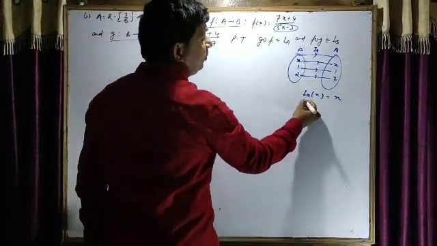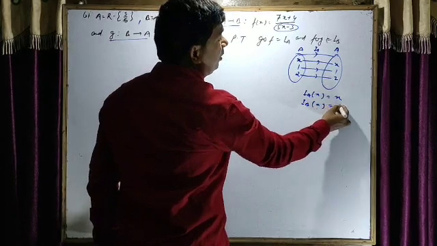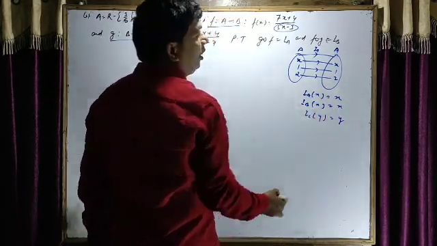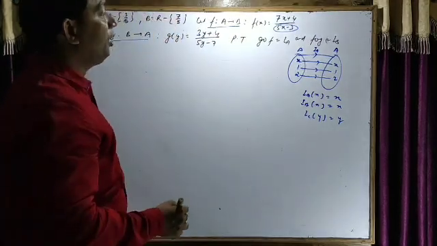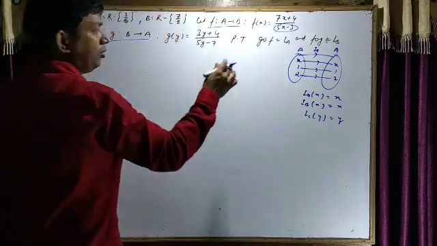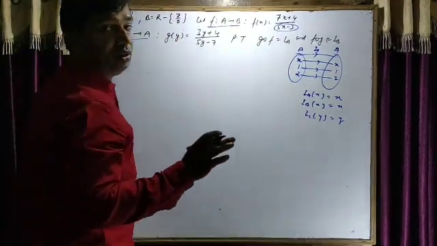If I_B is written, it is I_B of y. This is called the identity function. Domain, codomain and range are all the same.